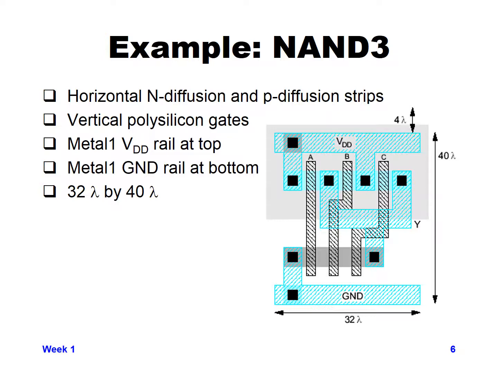So here in the horizontal direction, you can see a lot of the determining factor of how wide your standard cell is going to be has to do with how many inputs you have. In this particular case, for a NAND3 function, you have an input A, B, and C, which means you have 3 polysilicon gates. And then you also need contacts on each side of each of those polysilicon gates.